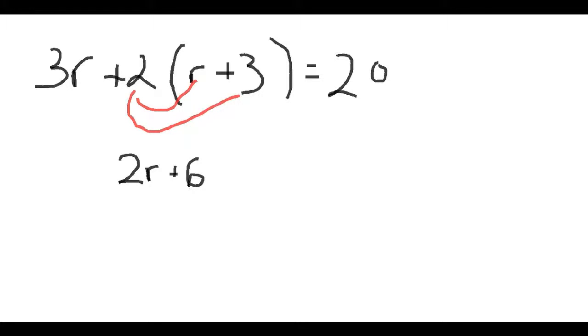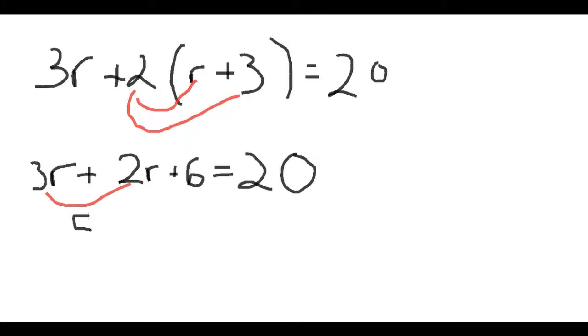I hope you all see that. Let's bring down this 3r equals 20. When we add the like terms, which would be this 3r and 2r, we're left with 5r plus 6 equals 20.